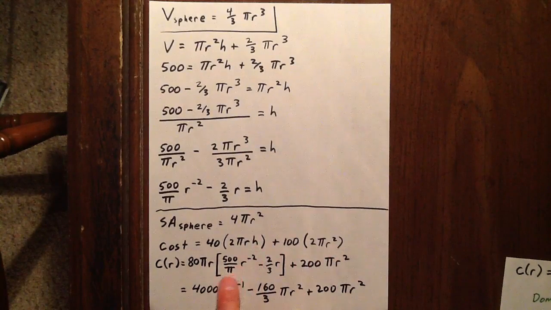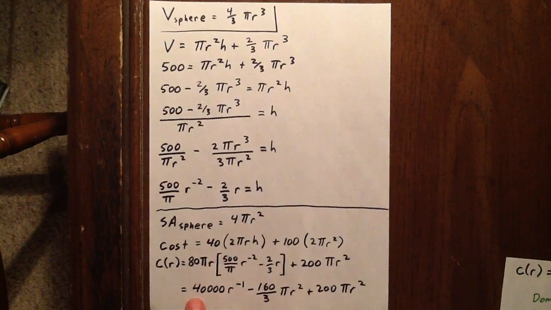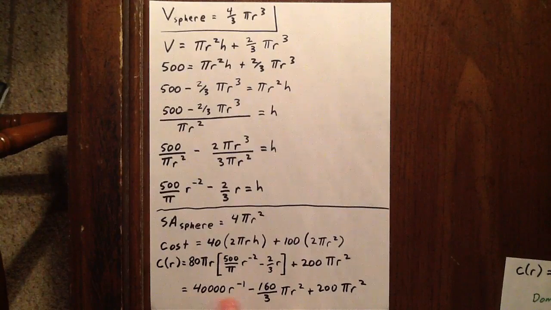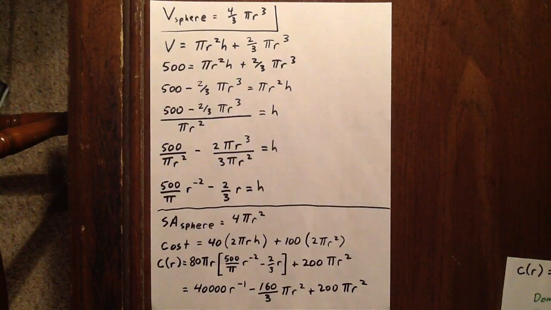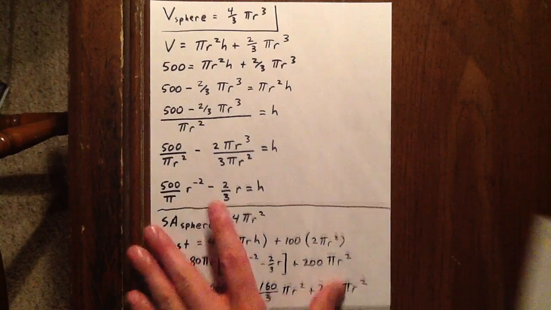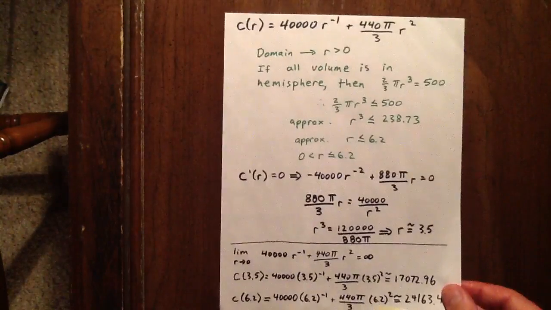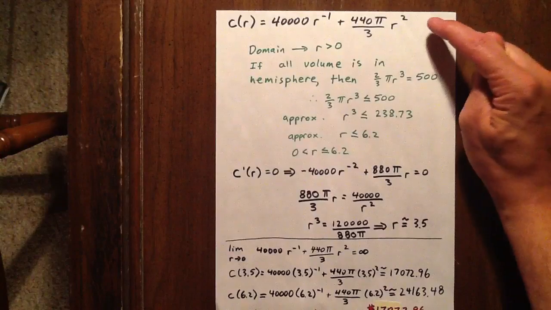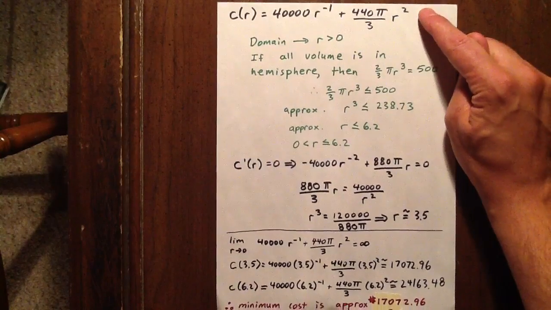Plugging in an h of 500 over pi r to the negative 2 minus 2/3 r, we get a cost formula in terms of only the radius as given here. And collecting up our like terms, we get a slightly simpler version of that right here.